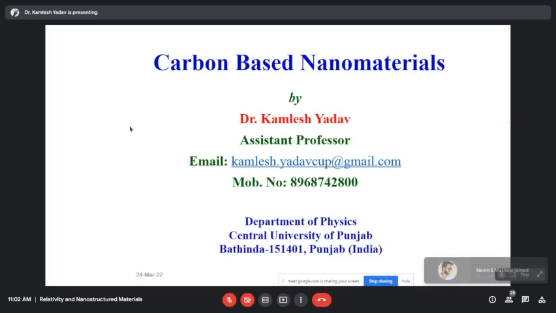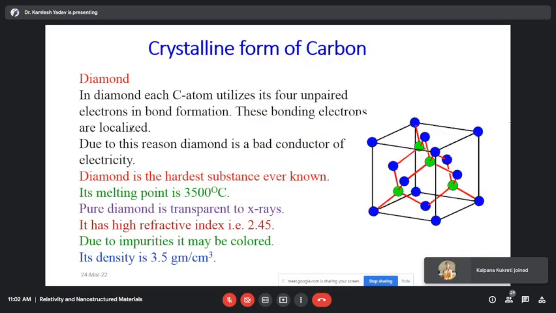We are going to discuss today about carbon based nanomaterials. Let us start. What is diamond? Diamond is made up of carbon atoms, and one carbon atom is connected with four other carbon atoms in a tetrahedral geometry.